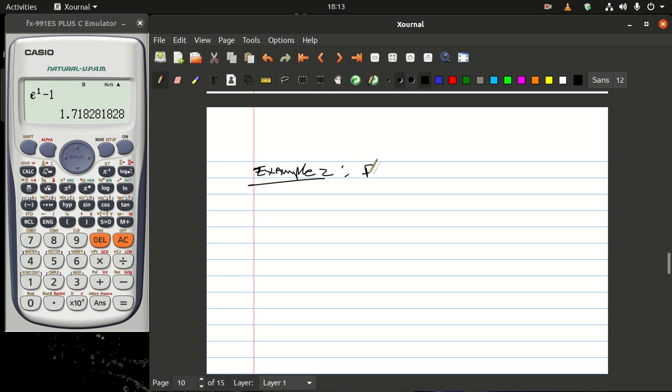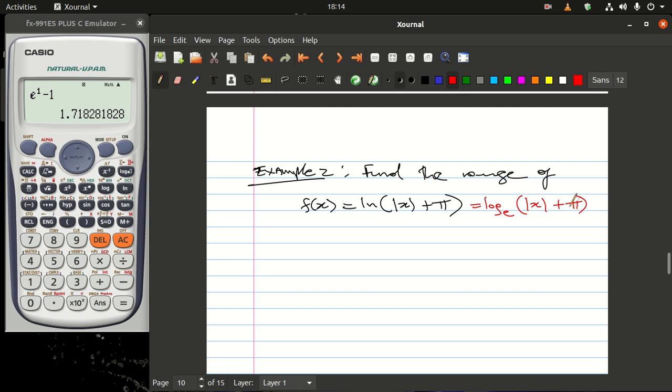Example 2 is saying find the range of f of x is equal to ln of the absolute value of x plus pi. Right, so this is a pi, and of course, like I said, whenever I see a ln, you must know that you have a log e of the absolute value of x plus pi.